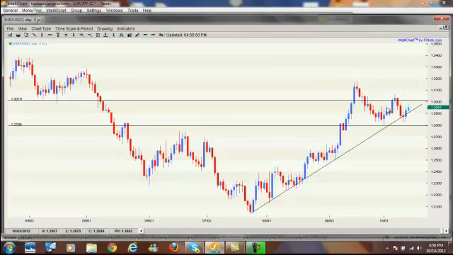You can see that price did slowly try to break out of this trend from the original trend, and then broke back in. I am expecting that price will pull back, what we're hoping for at least, anywhere from the 1.29 level to the 1.2850 level, where I am going to be interested in a long position, because I think the way that price is wedging in here on an upward trending pattern, price is going to continue breaking up, especially because of the fact that we have serious US dollar weakness.